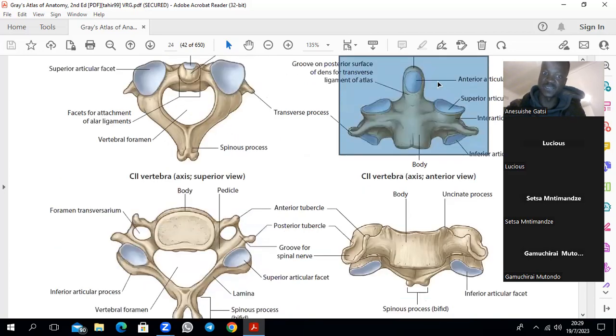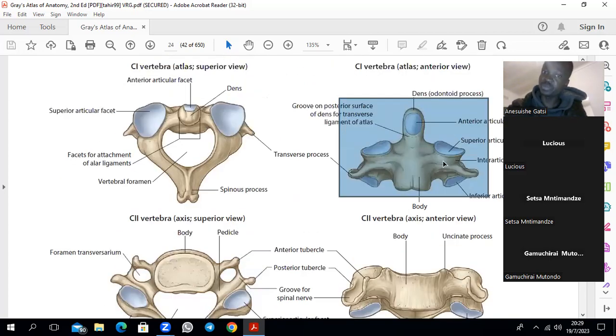However, another reason that makes C2 atypical is that the transverse process of C2 lacks the anterior tubercle. I'm trying to give you ways in which these vertebrae differ from the other typical cervical vertebra.